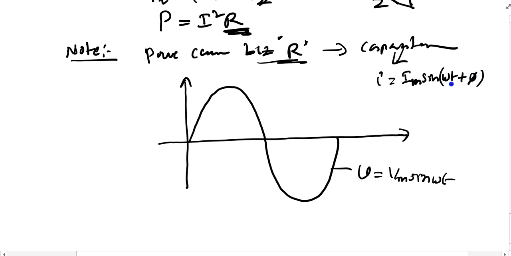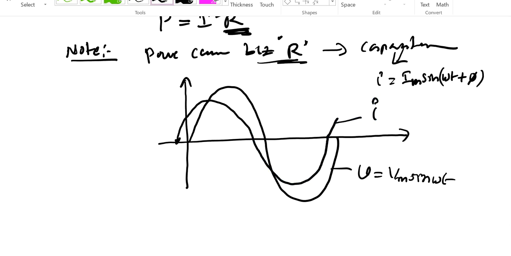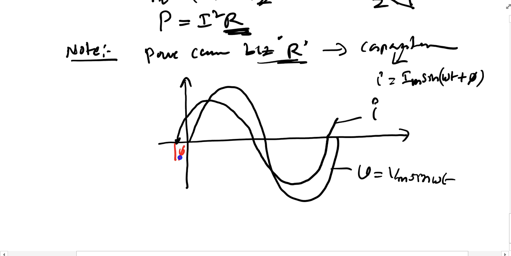This is plus phi, which means it is advanced by some angle phi. So my current goes something like this, and this is my current I. This angle is nothing but phi, which is leading. Your current I is leading the voltage by an angle of phi. So that is the meaning.